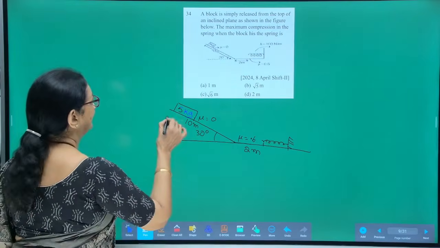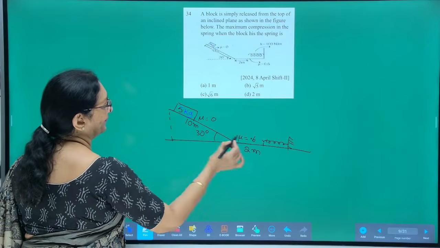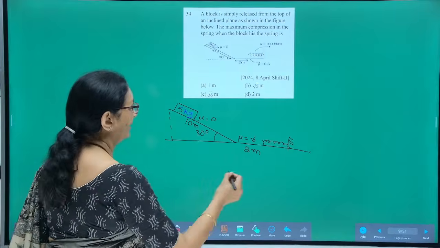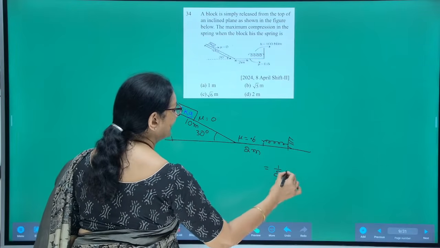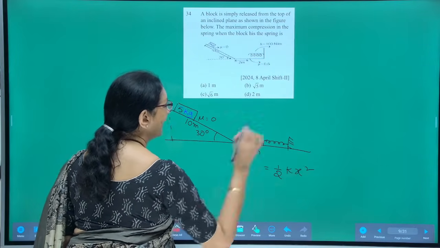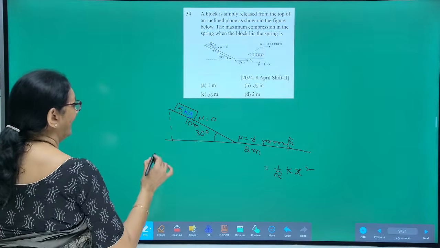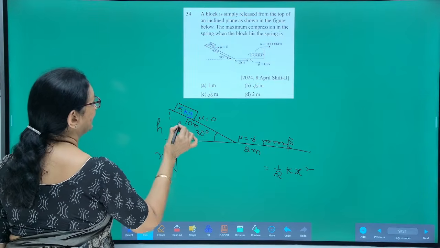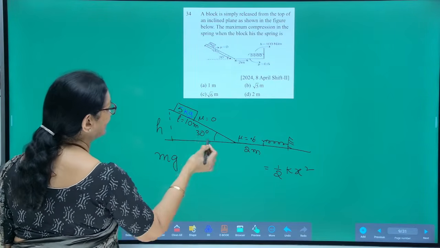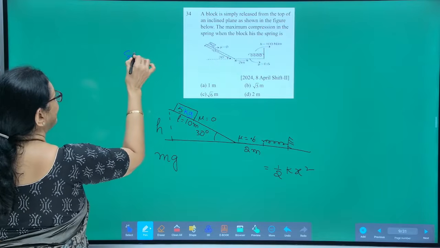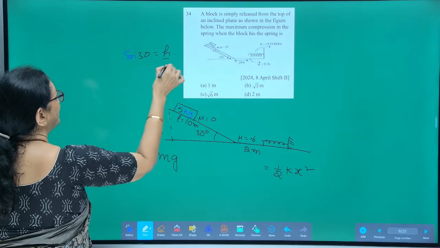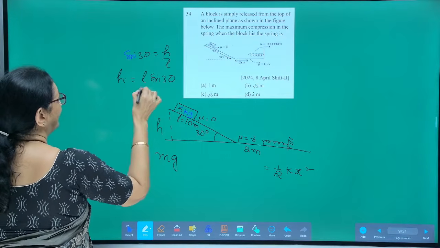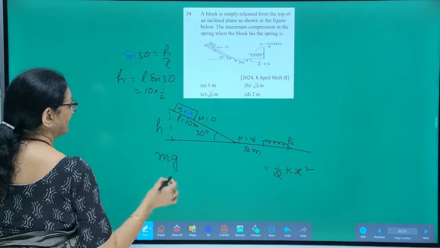So here the energy of the block is converted into energy in the spring. So the energy in the spring at its maximum compression is half k x square. At the highest point, potential energy is mgh. The length of the incline is given, so from that, sin 30 is equal to h by L. H is equal to L sin 30, that is 10 into half, that is 5 meters.